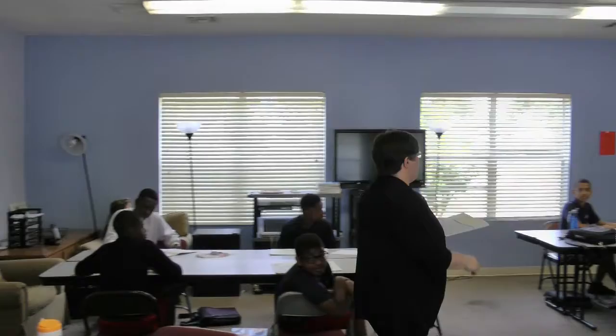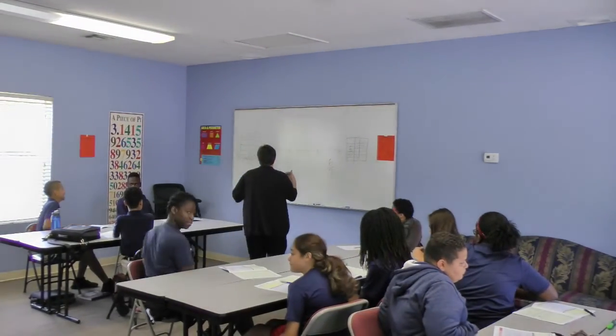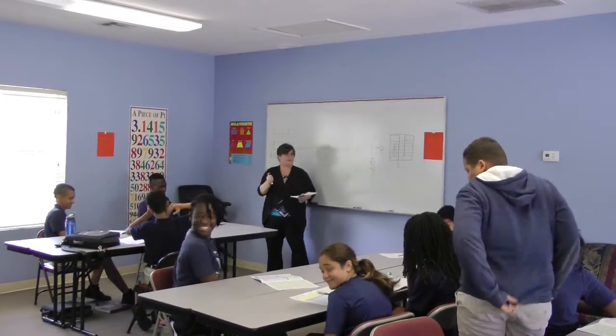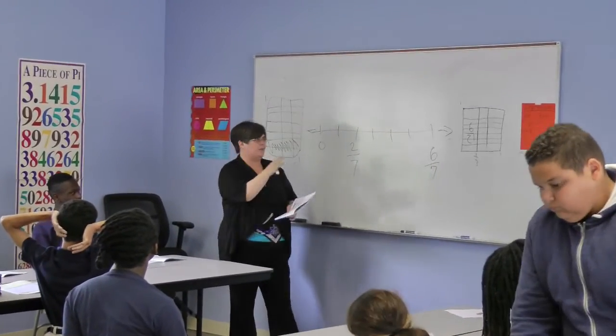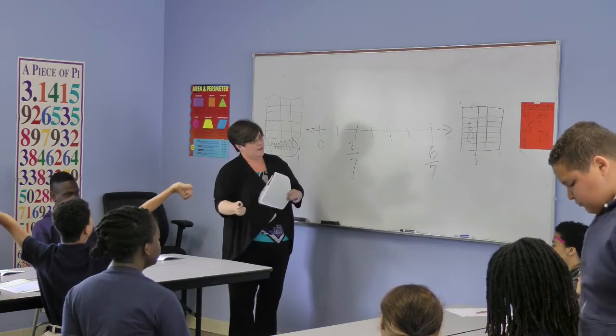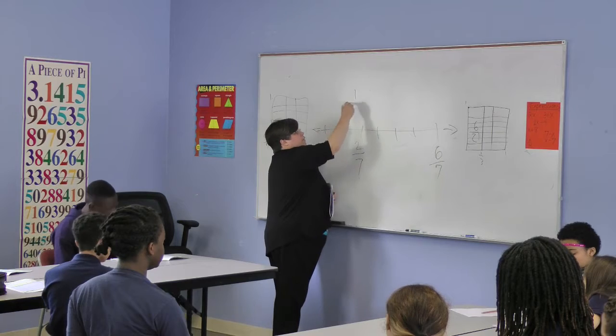So let me see if I have this straight. You listen and tell me if I'm saying the correct thing. Someone, I don't know if it was Lenny or who it was, marked 6 out of 7. Right? And then the question was to find 1/3 of 6 out of 7.